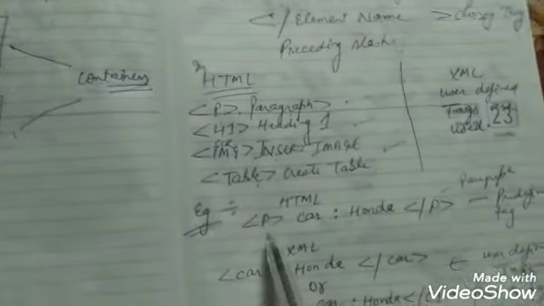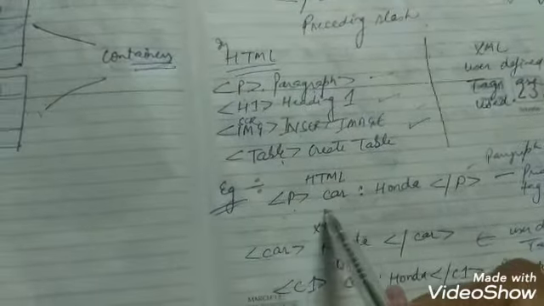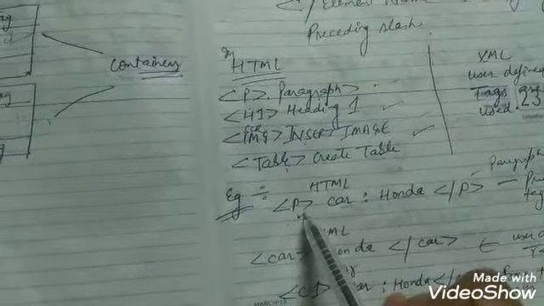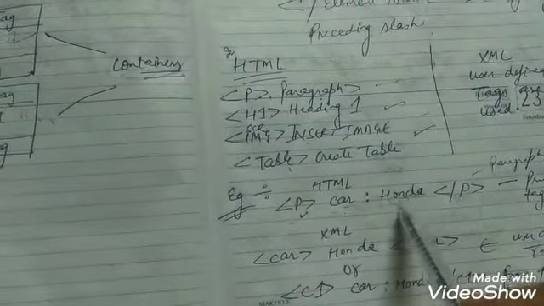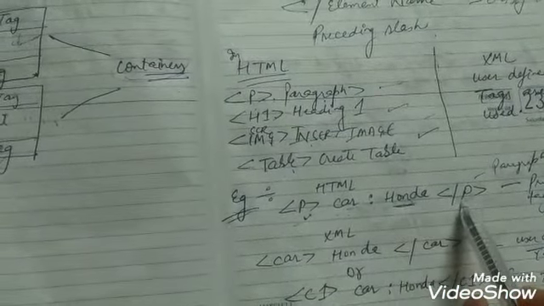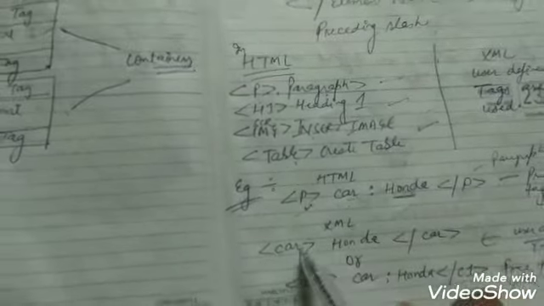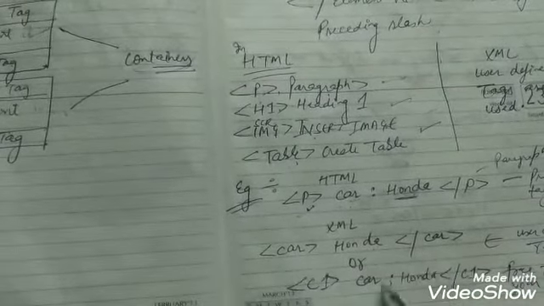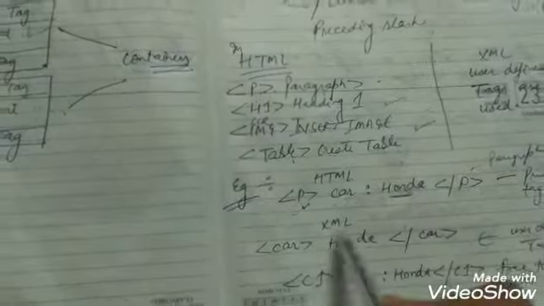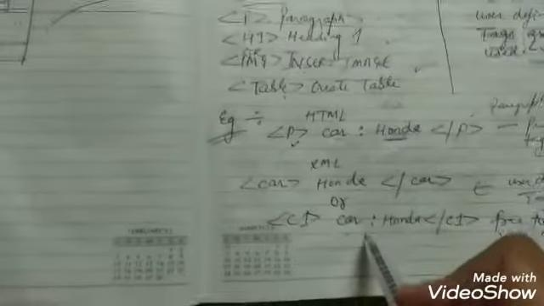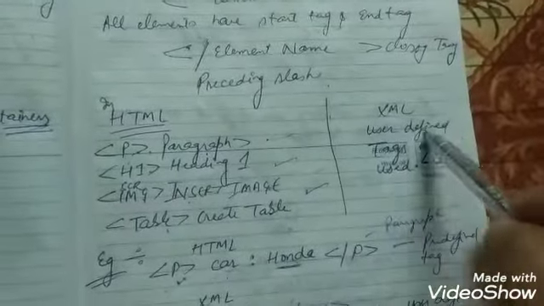For example, if we want to write a description about a car, P is used for paragraph, and this is an element, and this is a closing tag, and in XML, car Honda, and this is a closing tag. So we write content like that in HTML, whereas in XML it is a user defined tag.